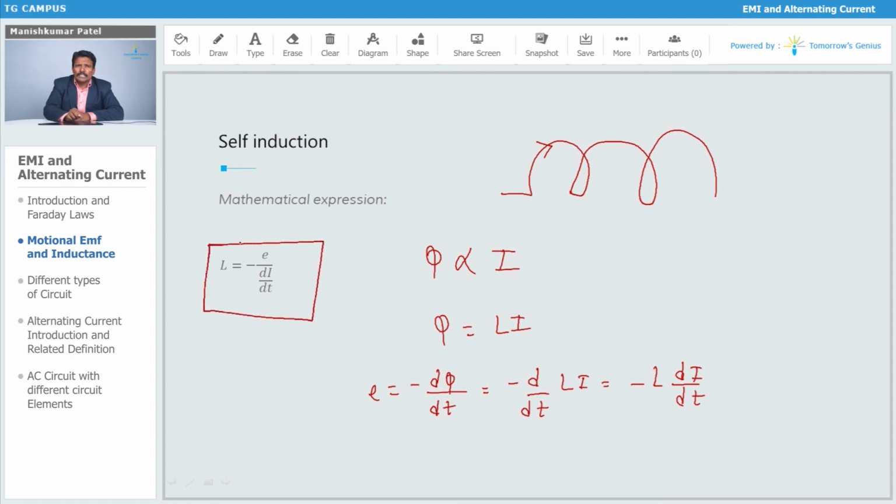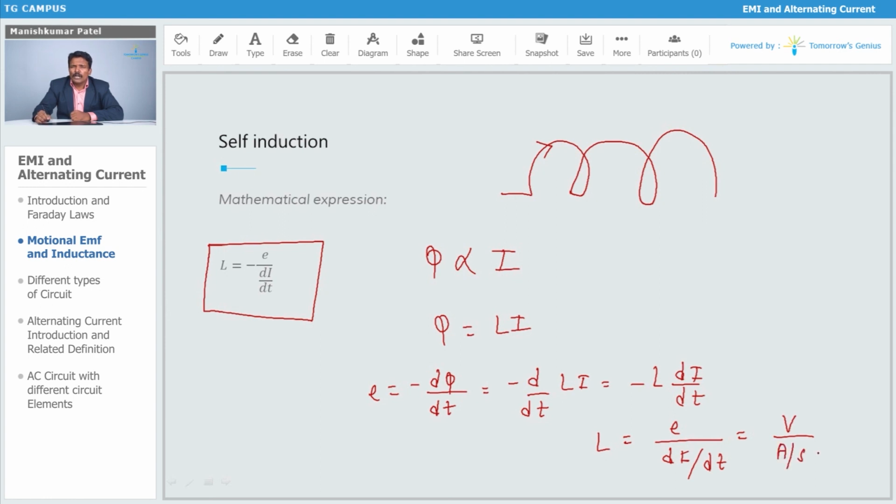The unit for self inductance is the Henry. L is E upon di by dt; E is a voltage and di by dt is the rate of change of current, ampere per second.